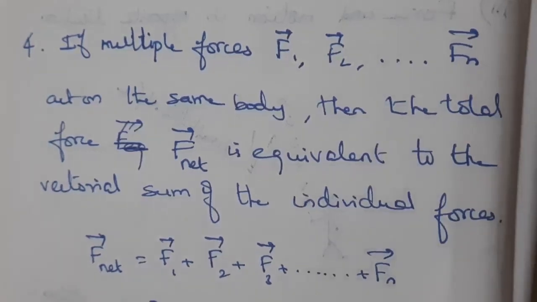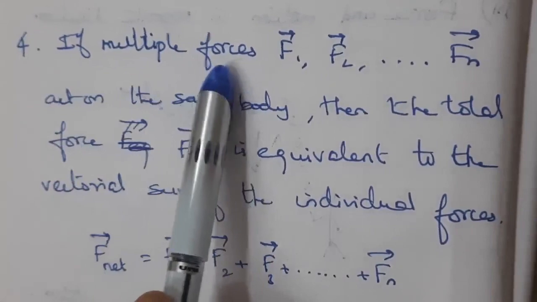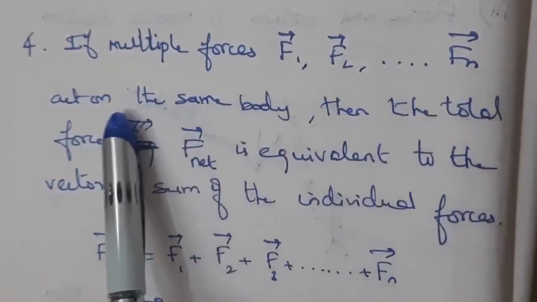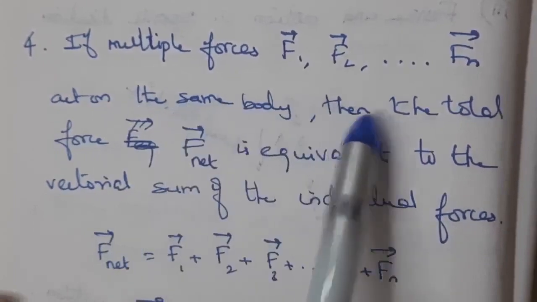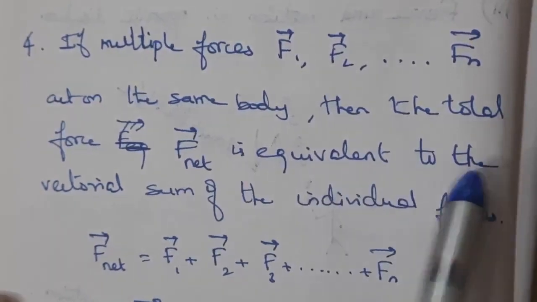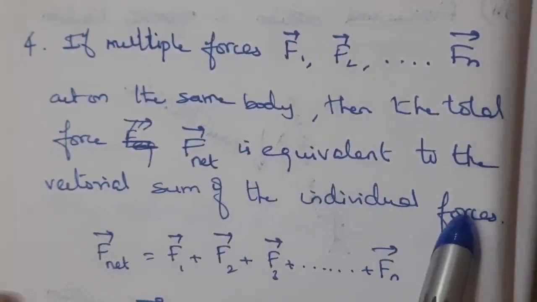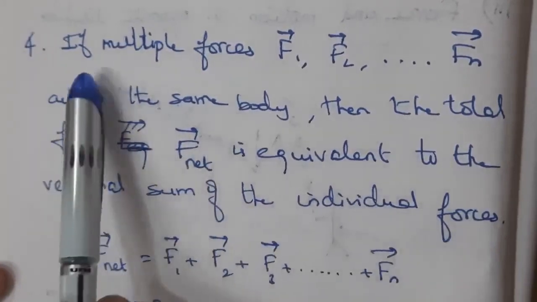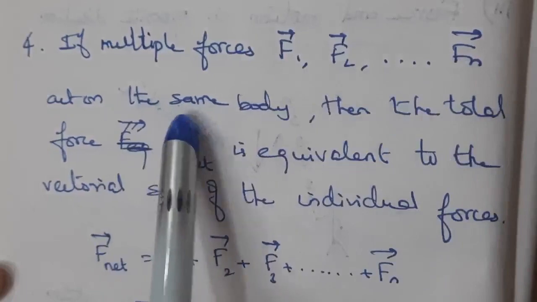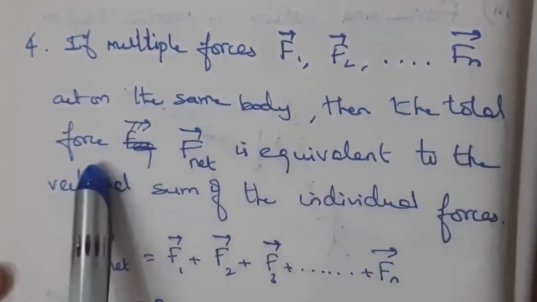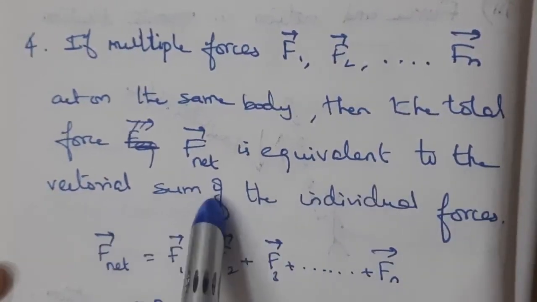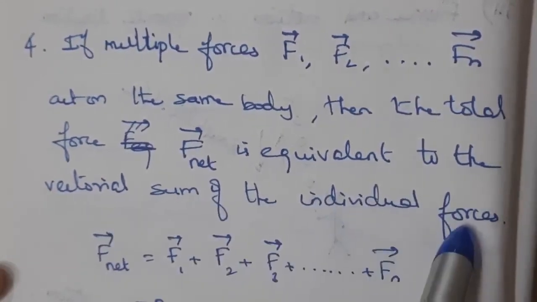The next discussion is, if multiple forces F1, F2, etc. Fn act on the same body, then the total force, the net force, is equivalent to the vectorial sum of the individual forces.